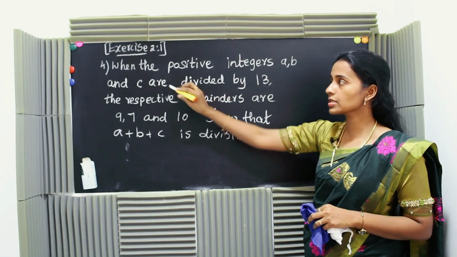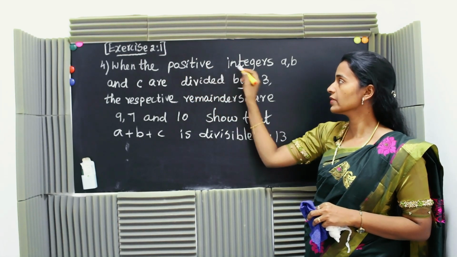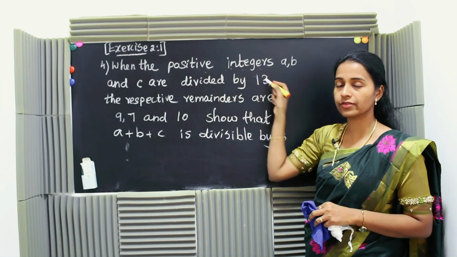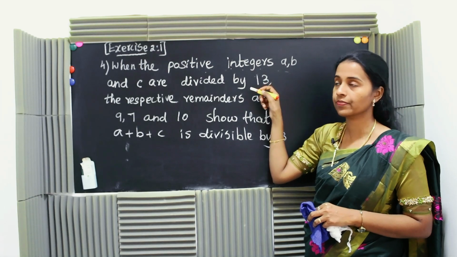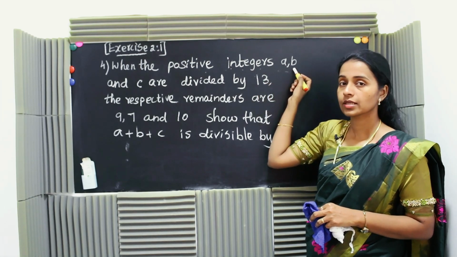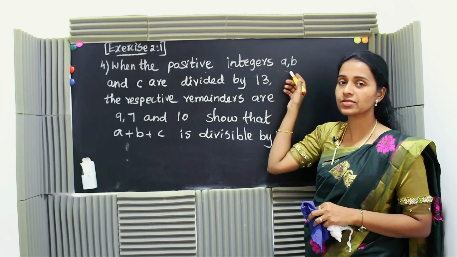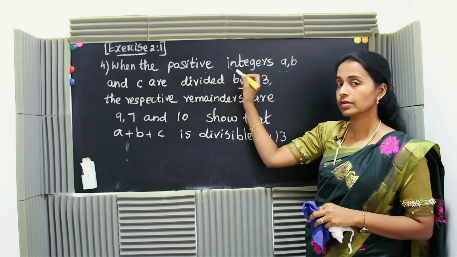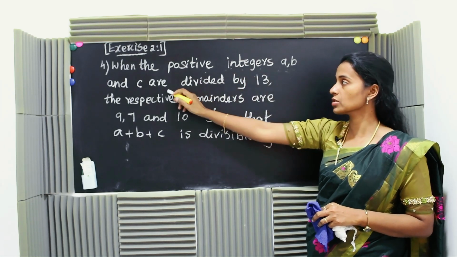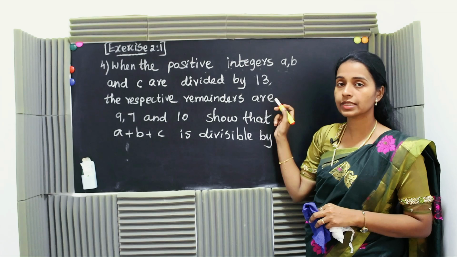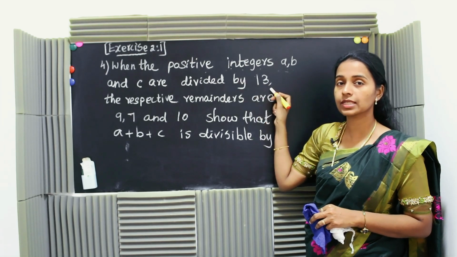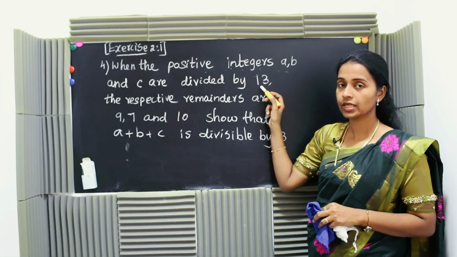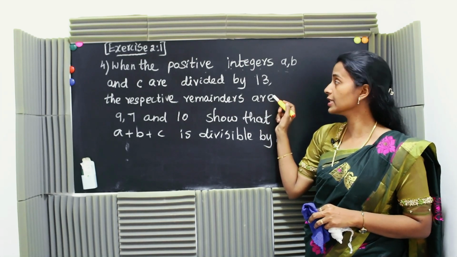Here the question is, when the positive integers a, b and c are given. These are all specific numbers which are represented by three variables, that is a, b, c. We can say these are positive integers. Divided by 13 means the divisor is 13.